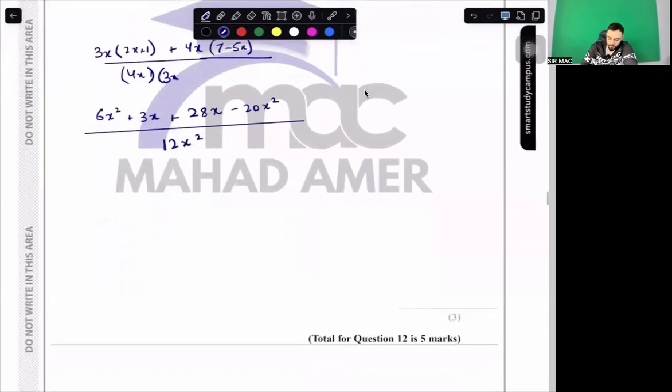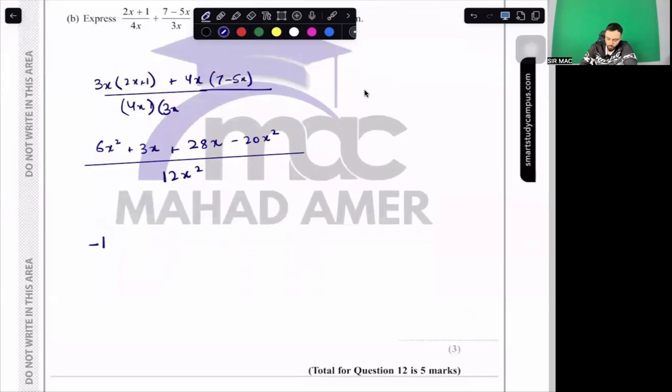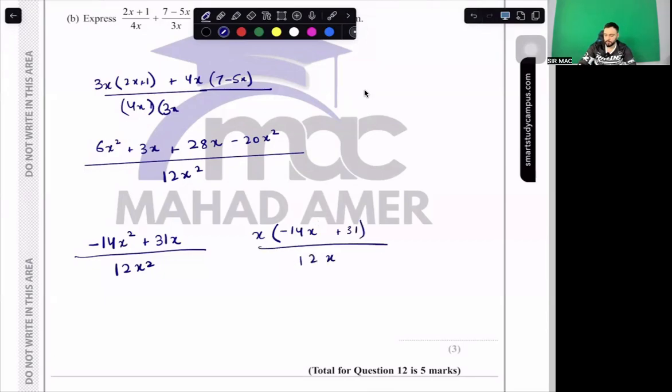So it's going to be negative 14x squared plus 31x over 12x squared. That's not the answer. You have to take common and simplify that as well. So you take x as common: negative 14x plus 31 divided by 12x squared.